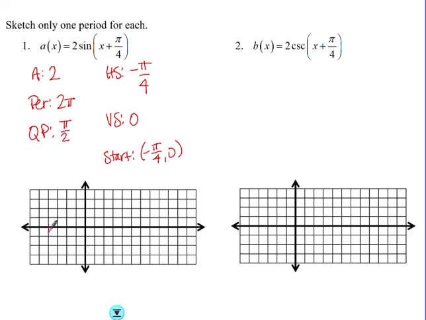I'm going to label my axes. And I am starting at negative pi over 4, 0. Since this is a sine function, we're going to go 0, high, 0, low, 0.